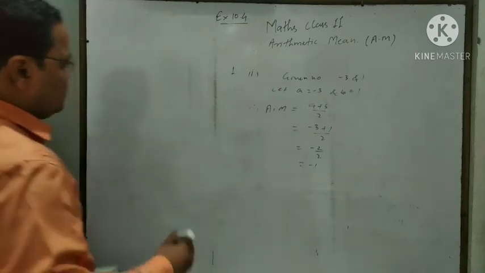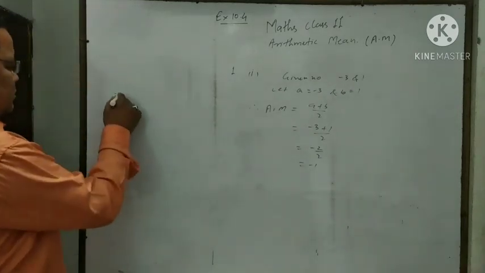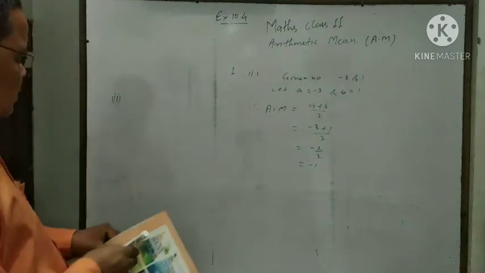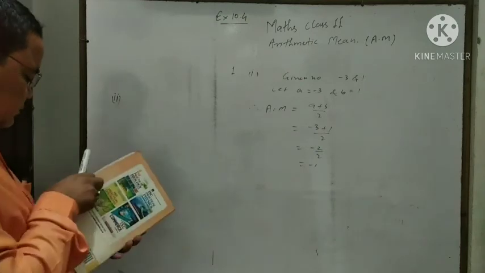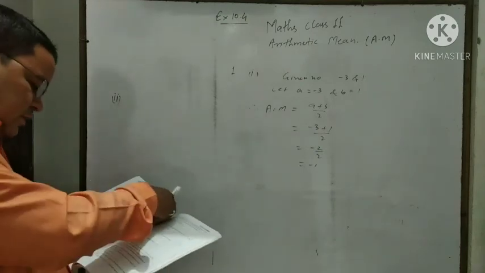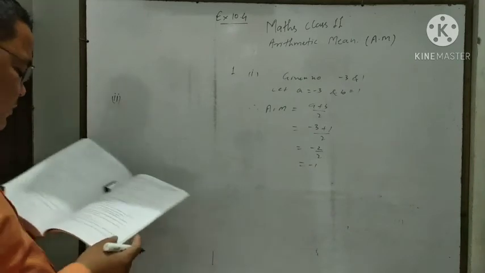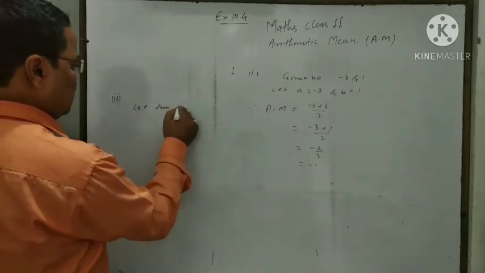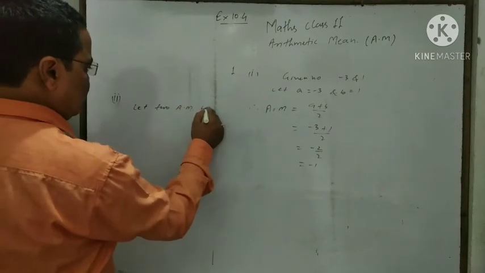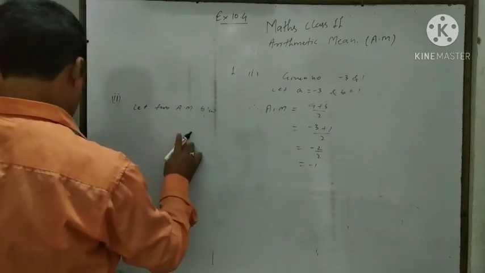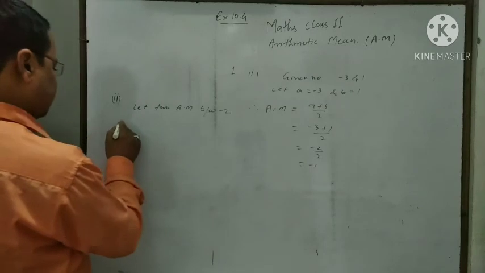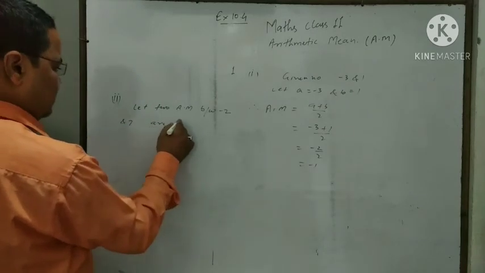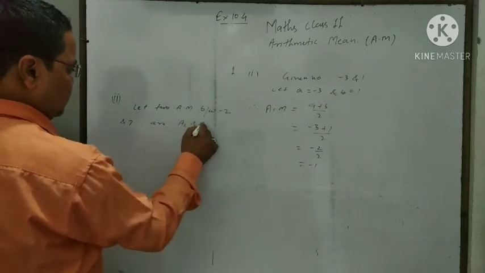The second part of the question, let us see. It is given here to insert two arithmetic means between these. So let the two arithmetic means between -2 and 7 be A1 and A2.